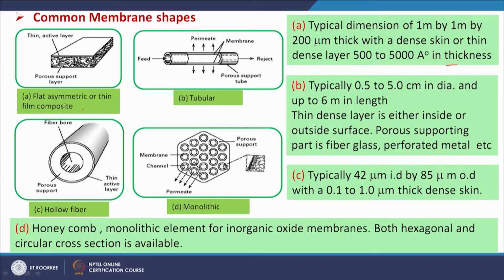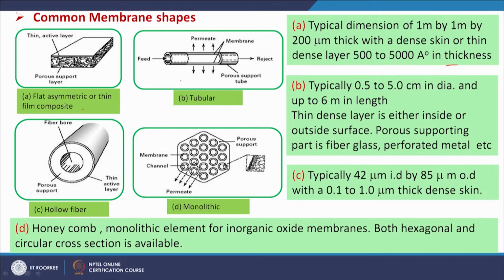So, as I told you, it is a very thin layer of this membrane material. And then we see the tubular. So, we have feed inside and from the outside we are getting the permeate and from the inside we are getting the reject or the retentate.